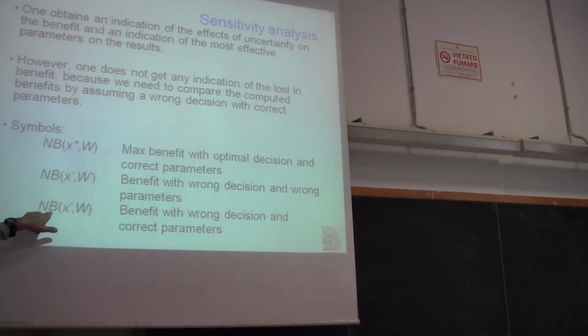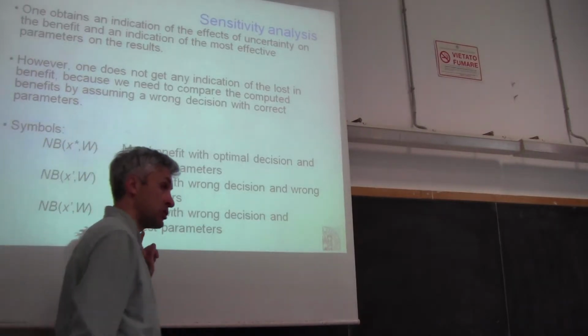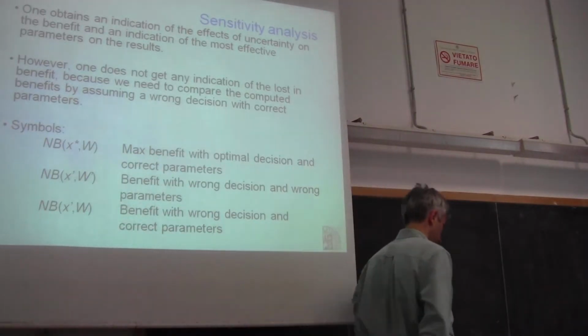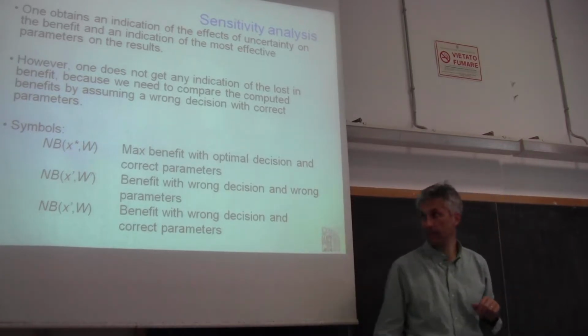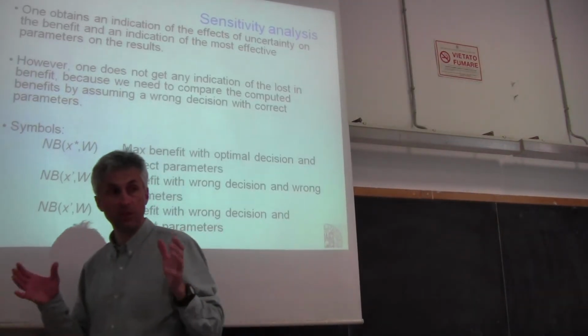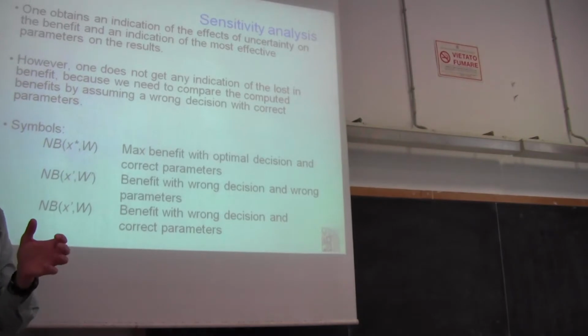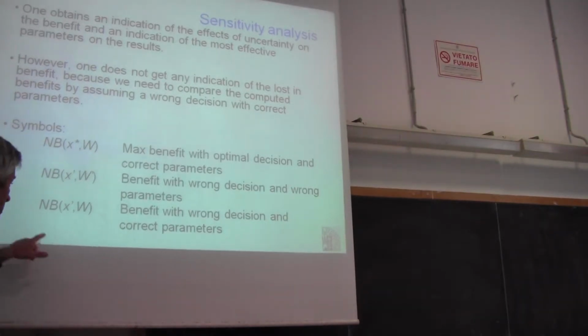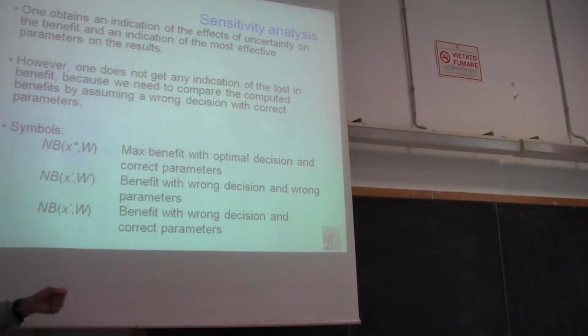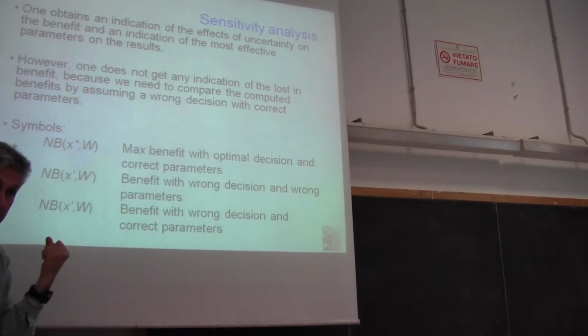So we use, for computing the benefit, the wrong allocation, but the correct parameter values, which is important. I will show you why. Because this is, if we assume that the unperturbed situation is the actual one, the real one, the benefit that I actually take.